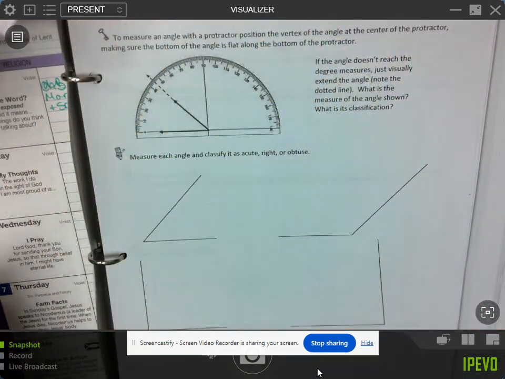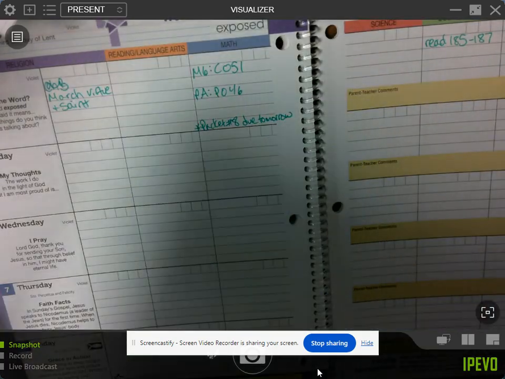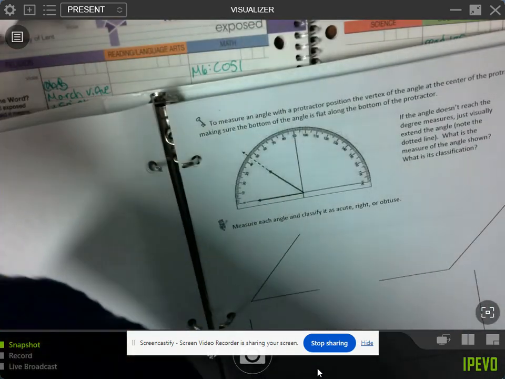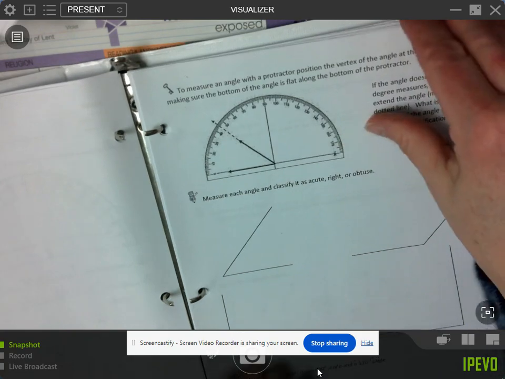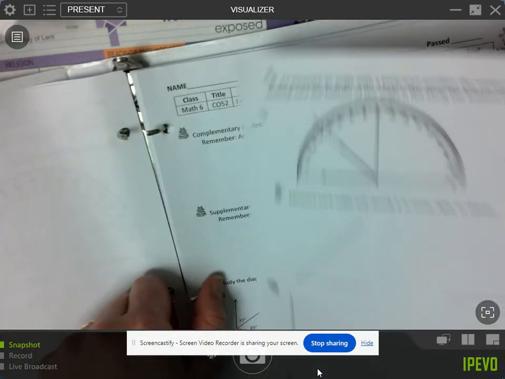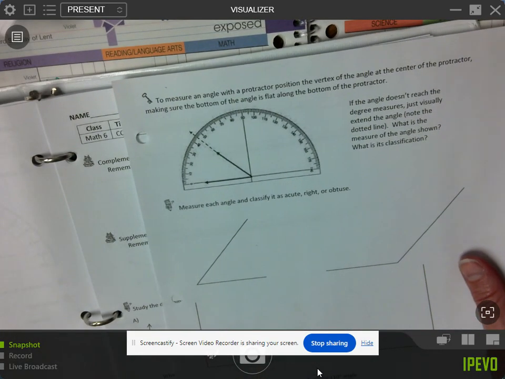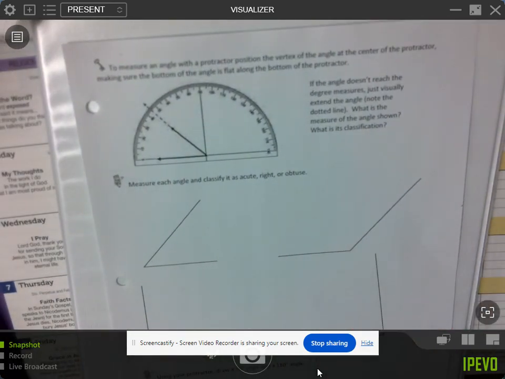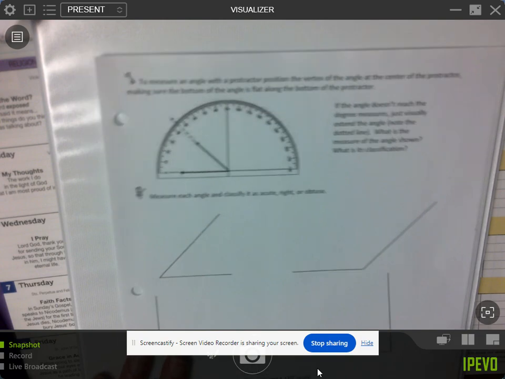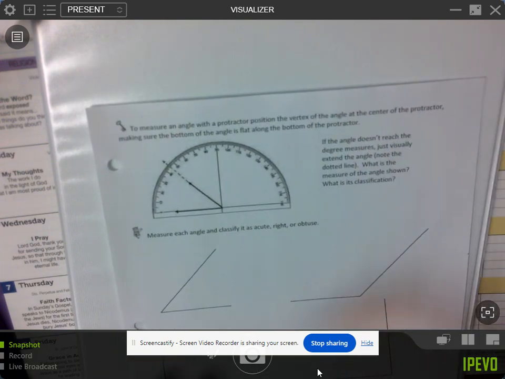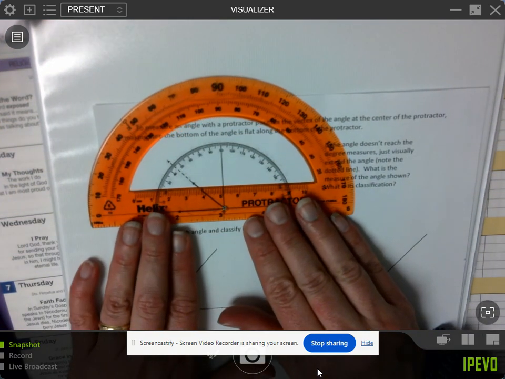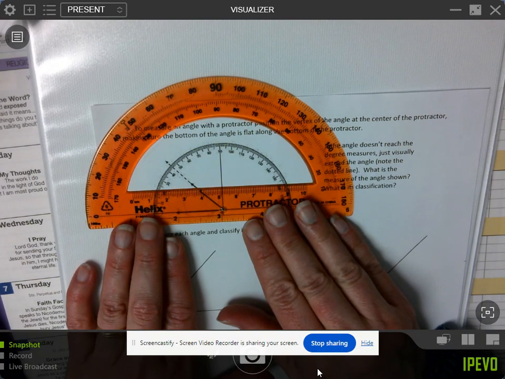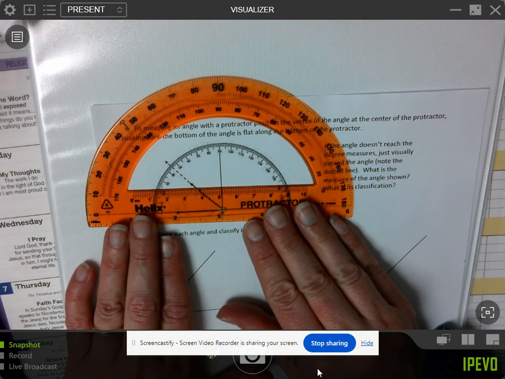So you can take the page out of the binder. Nothing says you have to keep it in there. You can take it out to make it easy to work with, and when you're done, put it back in. So I'm going to take it out so I don't have that ring in my way. So now I can move my paper down. I can put my protractor exactly how they put their protractor. This is the important part.